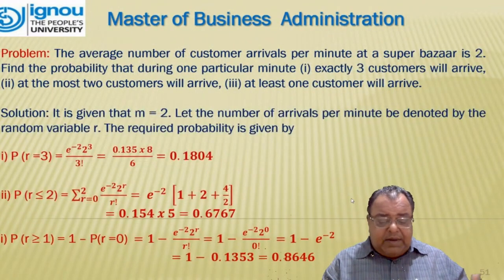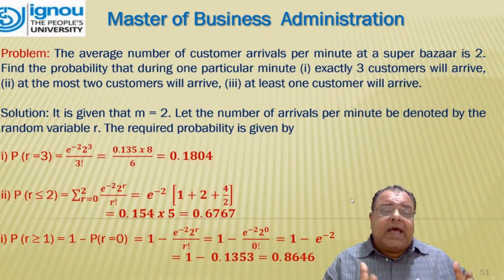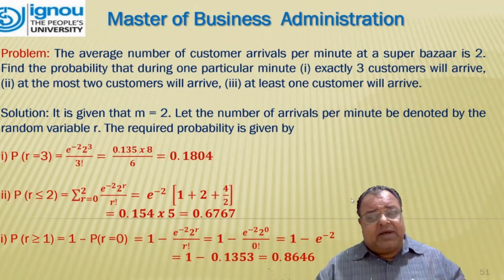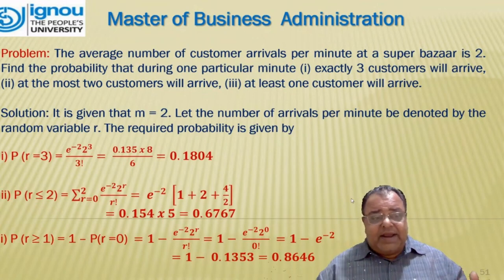Now we take up another problem: the average number of customer arrivals per minute at a super bazaar is 2. Find the probability that during one particular minute, first, exactly 3 customers will arrive; second, at the most 2 customers will arrive; and the third one is at least 1 customer will arrive.